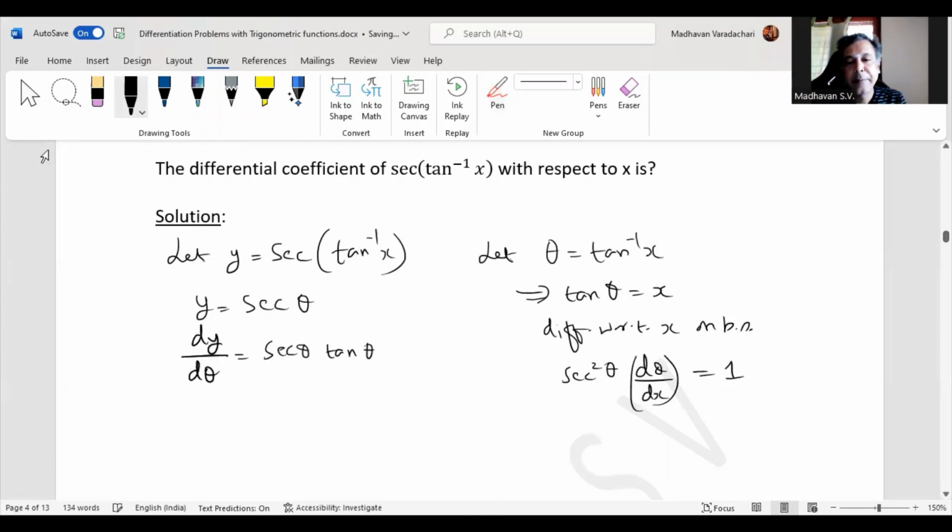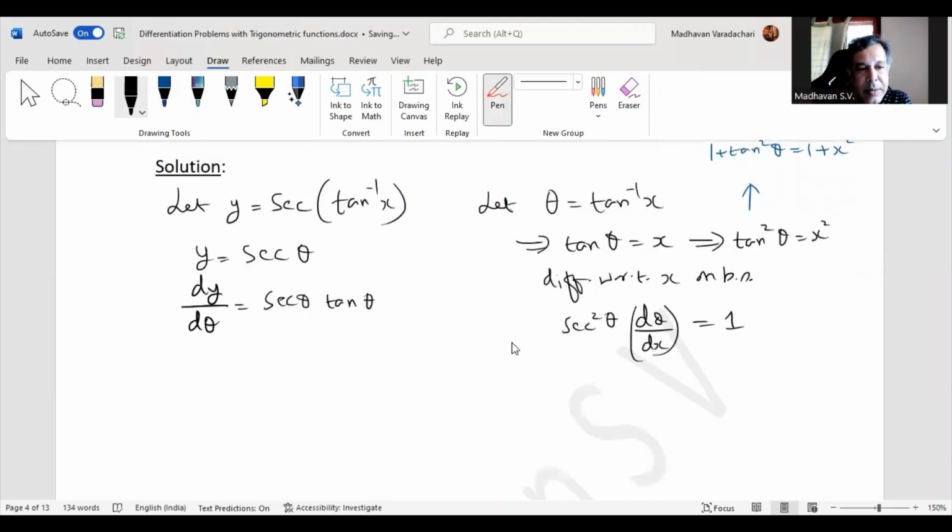This will be 1. Now, tan theta is x means tan square theta is x square. So that means we can say 1 plus tan square theta is 1 plus x square. So we'll keep that separately. Now we have dy by dx, which is what we are interested in finding out. That is nothing but dy by d theta divided by dx by d theta.